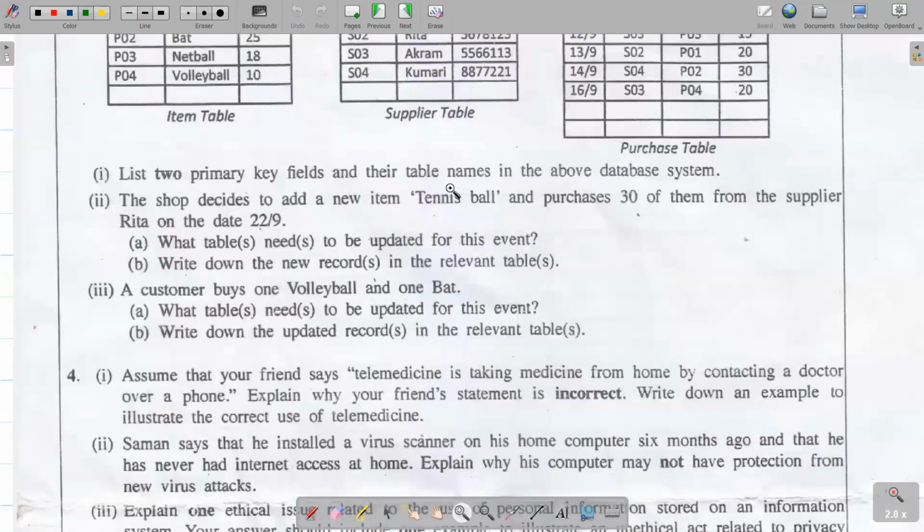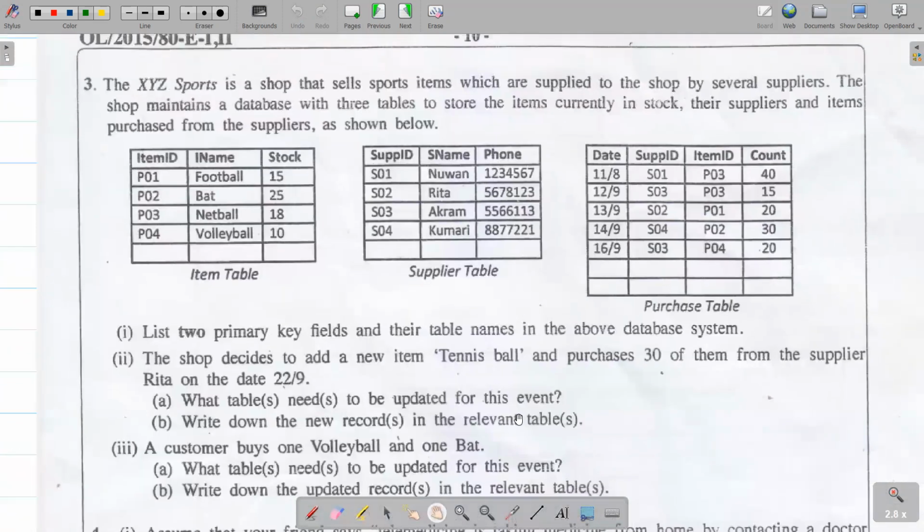Yeah, it's Dasit who asked this question, as I remember. He was talking about the primary key and foreign key. Now, this is the relationship between primary key and foreign key. When you take the item table, you can see the item ID as the primary key.